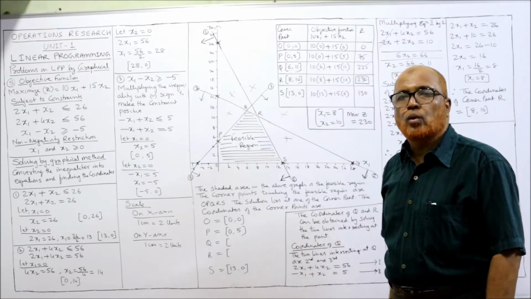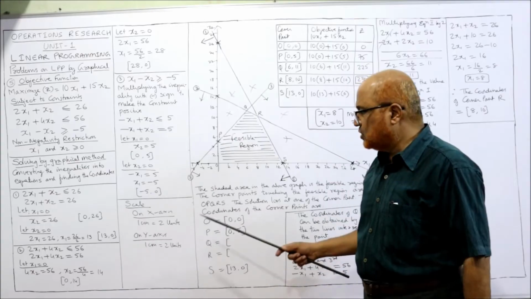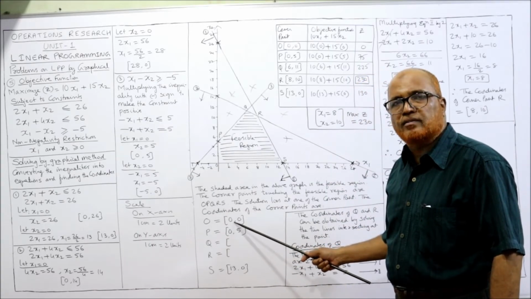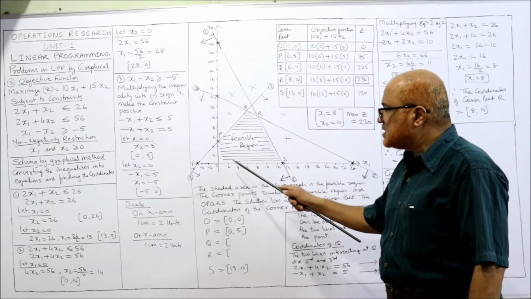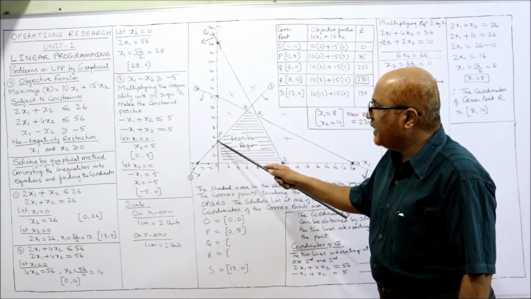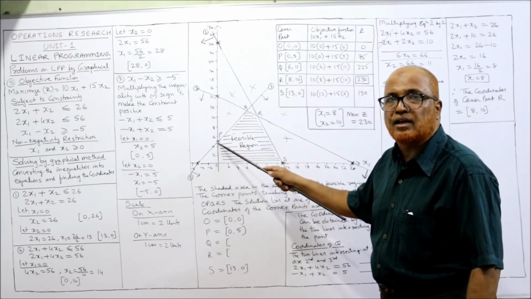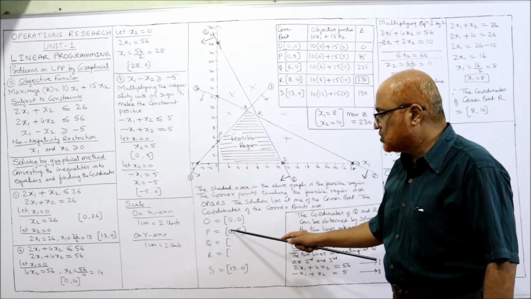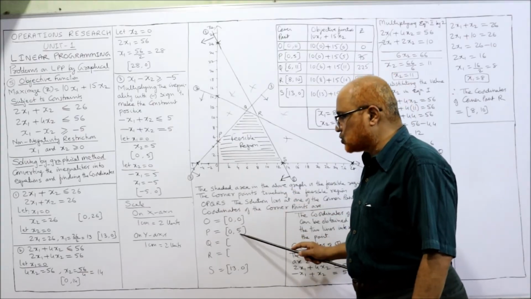First of all, O. O is the origin. At origin, x1 is 0, x2 is 0, always. Now P. You can see here P, x1 is 0 and x2 is 5. So by inspection we are getting P as 0, 5. 0 is x1 and 5 is x2.